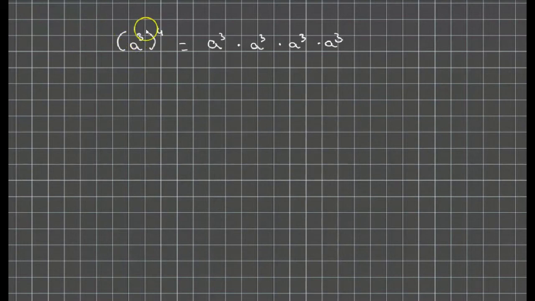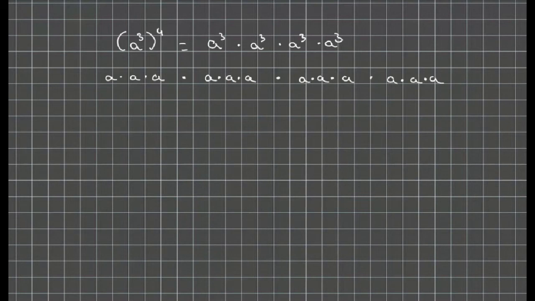Because if we look at the exponent, then the a to the power 3 is the base number, and the 4 is the exponent, which tells us how many times the base is going to get multiplied by itself. And in this case, it's 4 times. So I can write it all out, and you would get something like this.